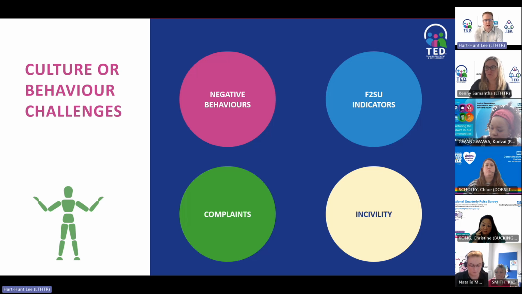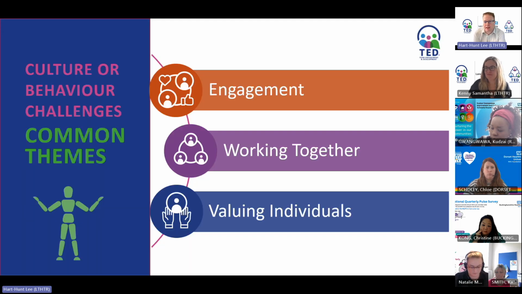So some of the toolkits, in terms of some of the key themes that I see arising from teams like this, often engagement is one that scores lower in teams where perhaps there is a negative culture in the team, or the team feels stuck in some way, shape or form. Working together again comes up if there's evidence of conflict in the team. If the team's struggling to be cohesive, then working together might score a little bit lower.